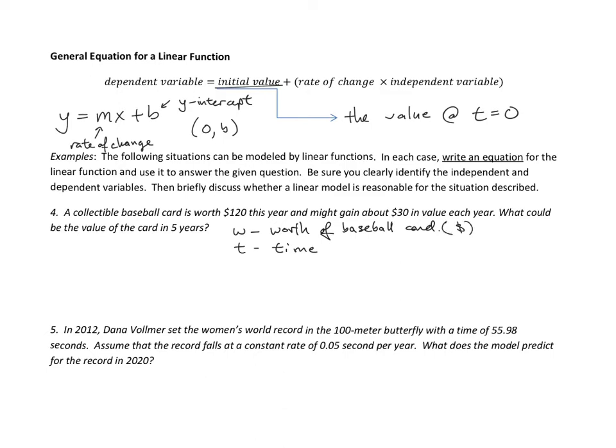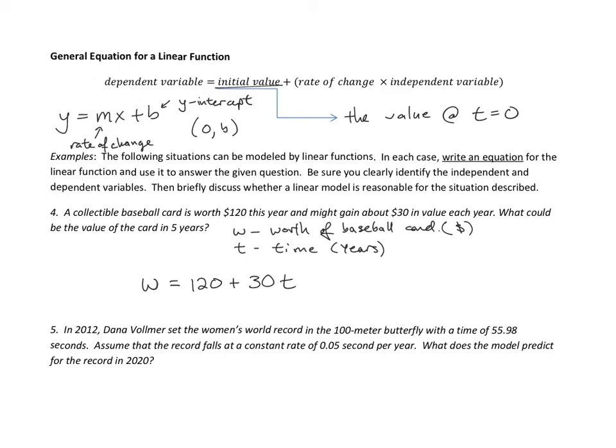This would be dollars, and this would be years. So now we can set up an equation. So the worth would be, what do we want? The initial value. That would be $120. That's how much it's worth right now. And we think it would grow $30 each year.